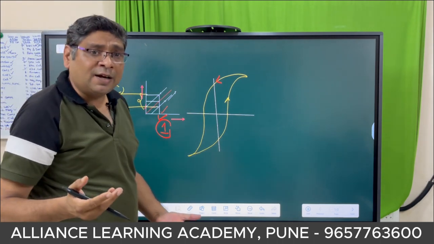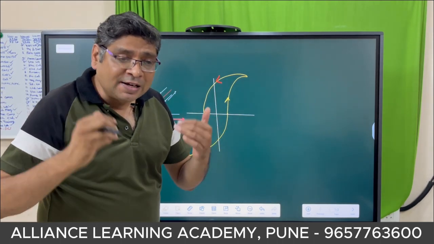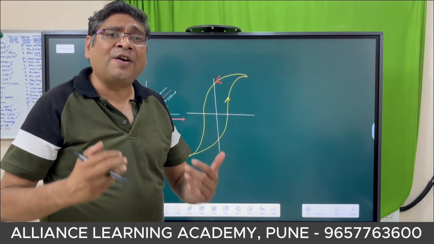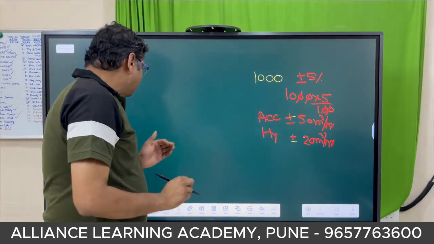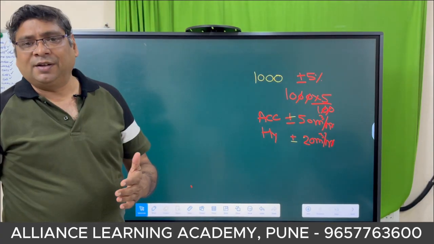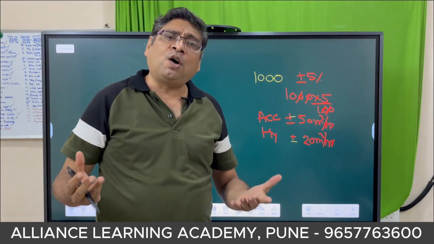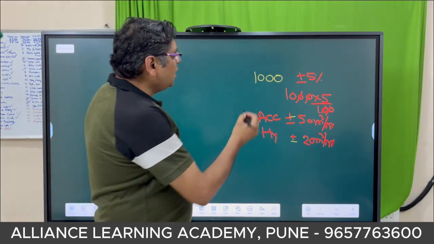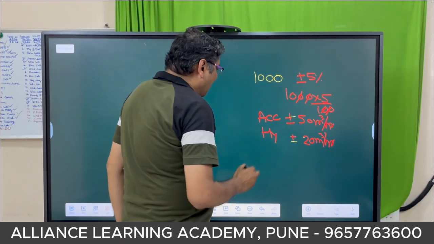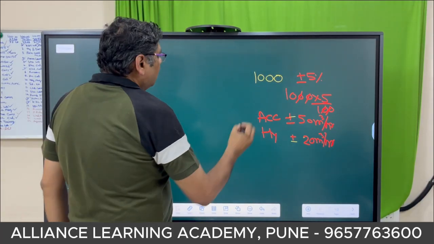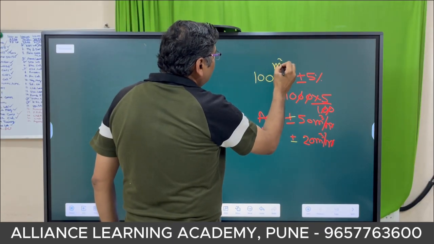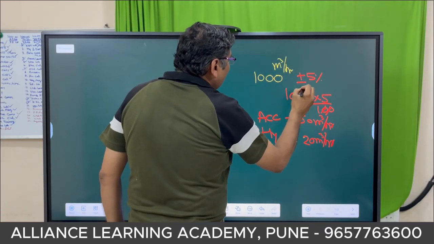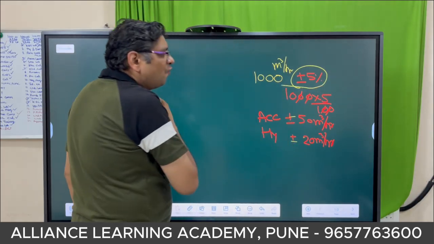Now we'll understand with a practical example how hysteresis affects my accuracy. We can see it here in a practical way. Let's take the example of a magnetic flow meter. My magnetic flow meter range is 1000 m cube per hour, and my accuracy is plus minus 5%.